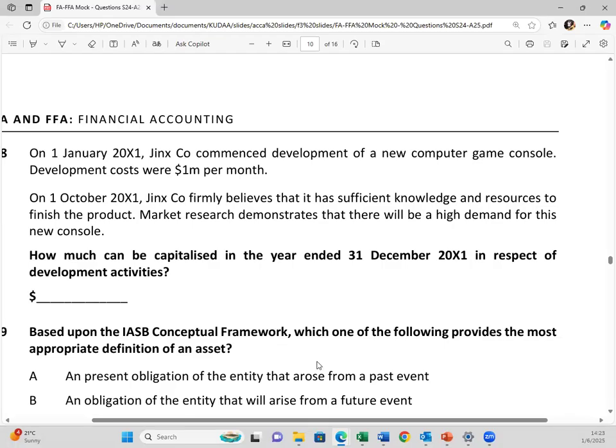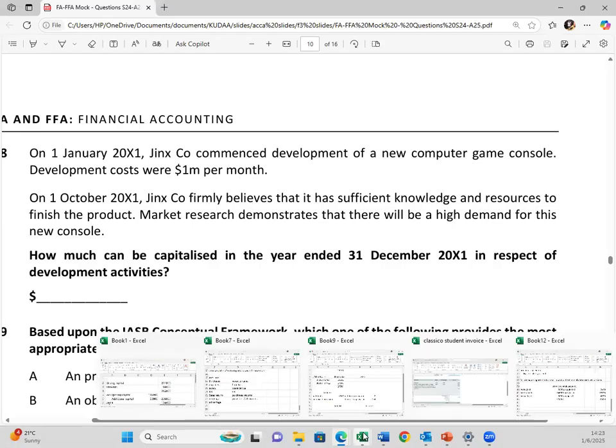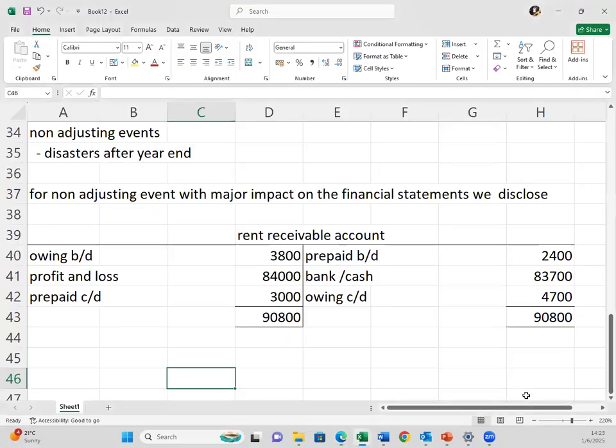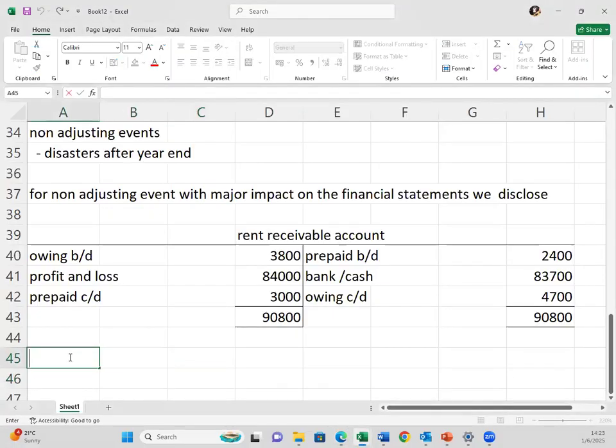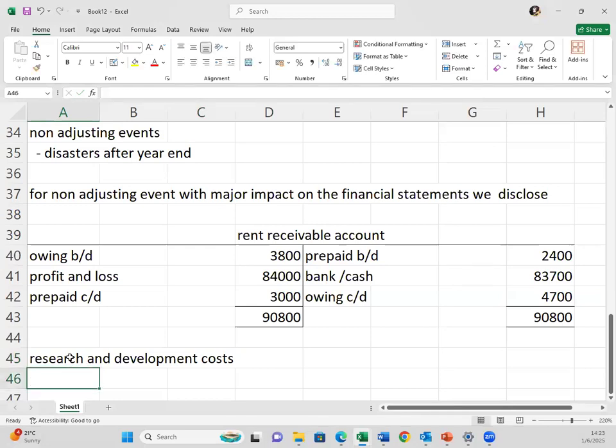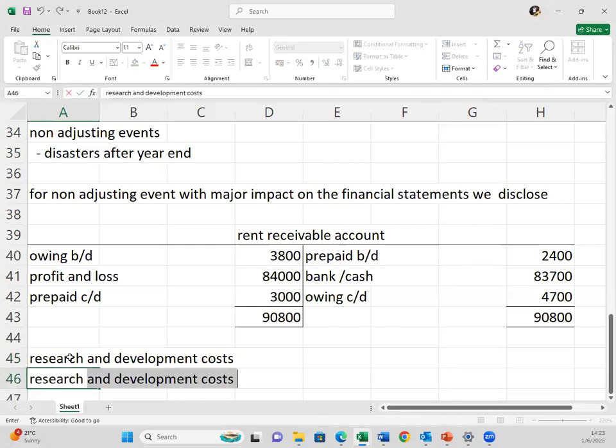So let's go back to a quick recap. We said that for research and development costs, the research costs are the costs that we pay to undertake an investigation.